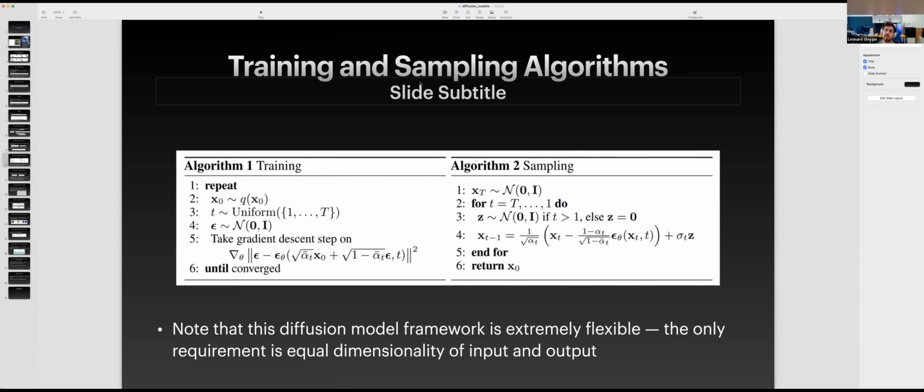So GANs, I know that GANs, they're not really used much anymore. They have a lot of training difficulties and instabilities. As far as the size of the data needed, I want to say that diffusion models require more data.